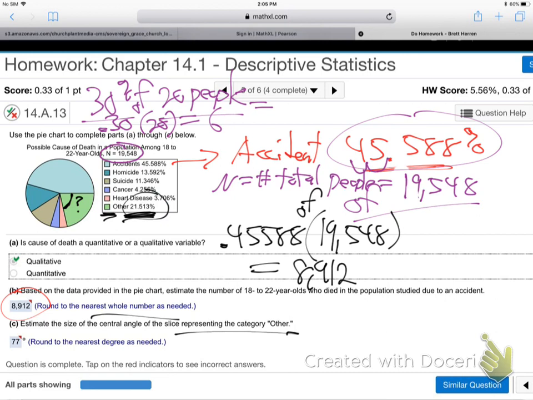It's 21.513% of the whole circle. You know of means times, of the whole circle. Now, how many degrees in a whole circle?